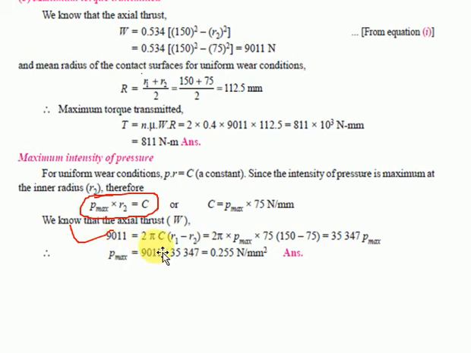W is equal to 2 pi C R1 minus R2. In this way we can find out, C is P max into 75. So P max into 75, here R1, R2 and all other things we know. So we easily find out the maximum intensity of pressure, that is 2.255 Newton per mm square.